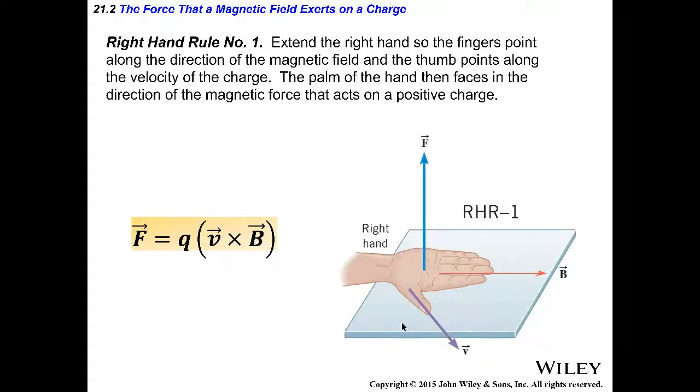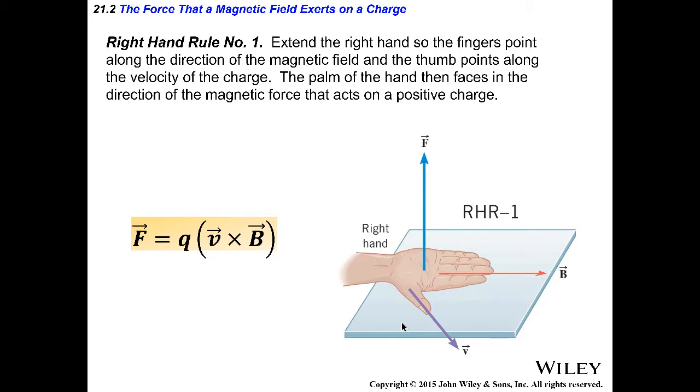Now, if, for example, I went like this and the magnetic field is not this way, but the other way, let me again say that. My palm is in the direction of where I'm going. But now, if the magnetic field is opposite, to my right, I cannot bend my finger that way.